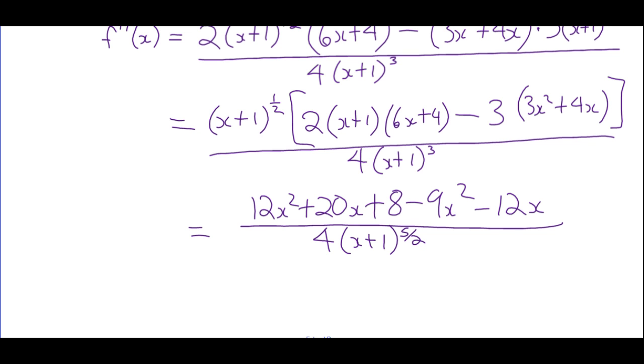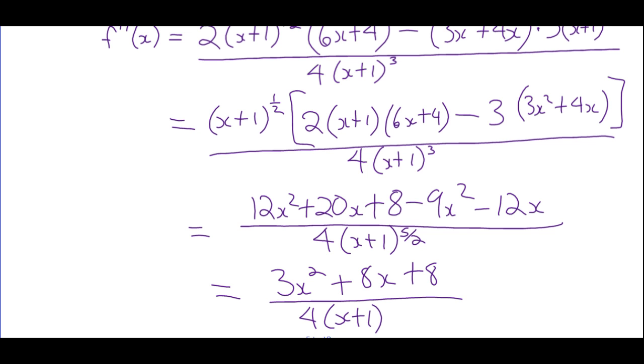Okay, which gives me 12 minus 9 is 3x squared plus 8x plus 8 over 4 bracket x plus 1 to the 5 halves.